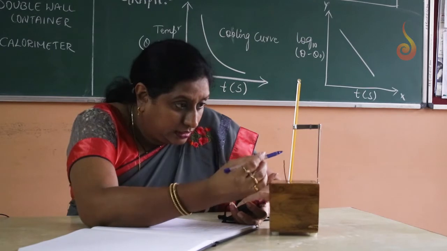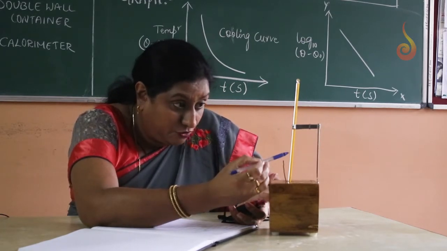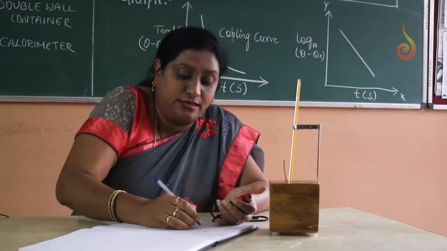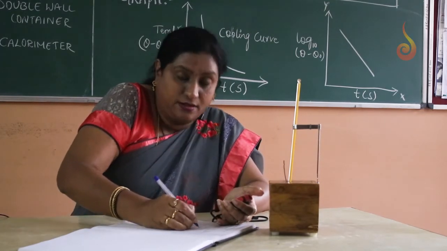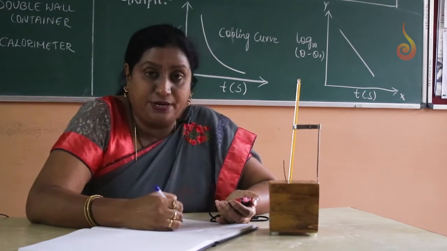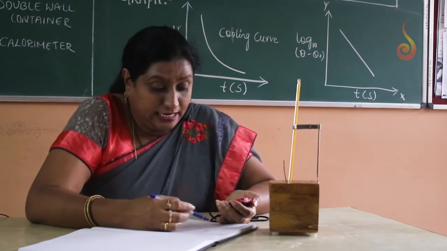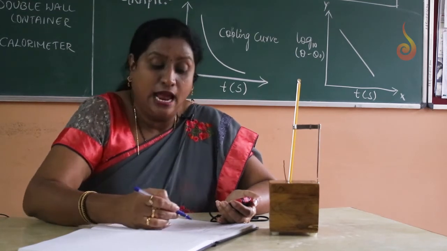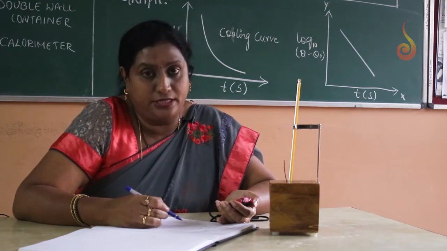So, the thermometer is showing 58 degrees Celsius and the time taken here is 86 seconds. Similarly, I will repeat this experiment taking the time for every 2 degree fall in temperature, and finally we'll plot the graph.